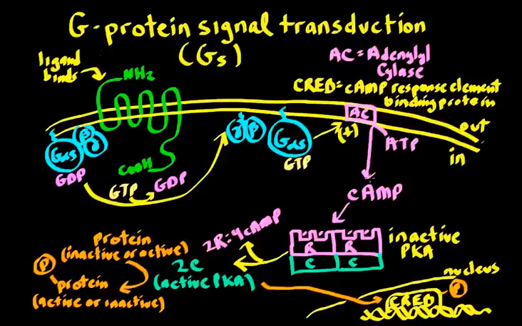Now, cyclic AMP has some important effects on its own. It can act on ion channels and it can affect other proteins, but the most important aspect of cyclic AMP is that it activates a kinase that's cyclic AMP dependent.